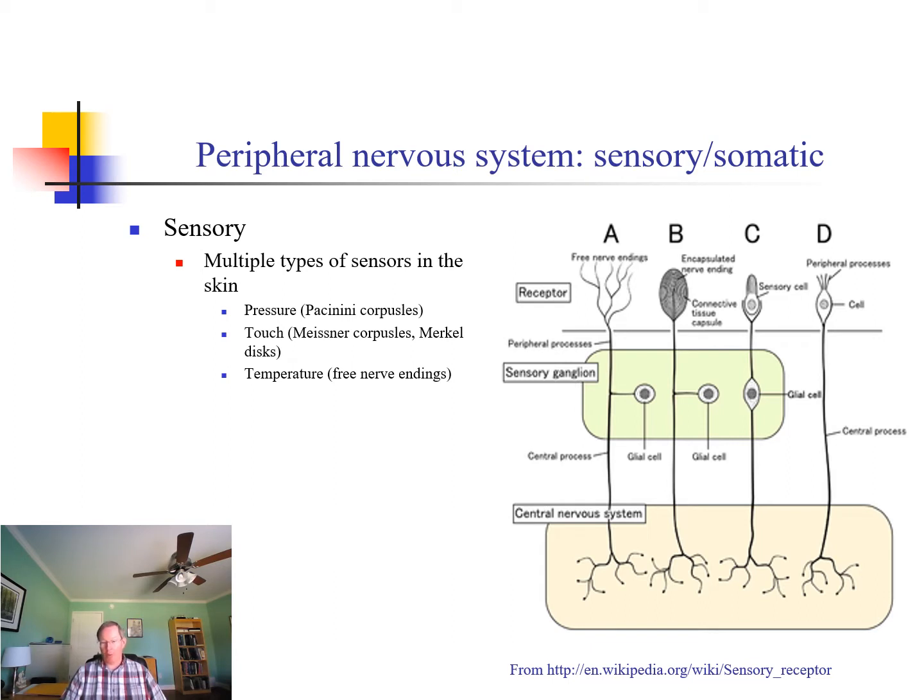Some of them will synapse in a ganglion with another neuron and will then go backwards to the spinal cord and come in through a nerve root, and then that information will be transmitted up the spinal cord, remembering that on the somatic or sensory side, I will cross at the spinal cord within a few levels and then go to the contralateral or opposite side.